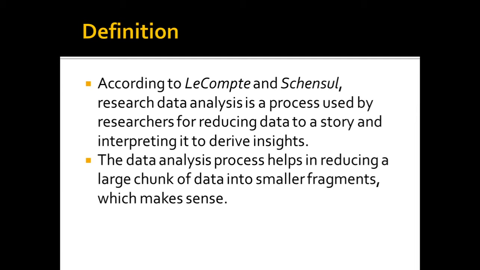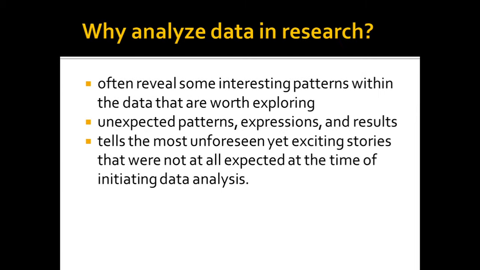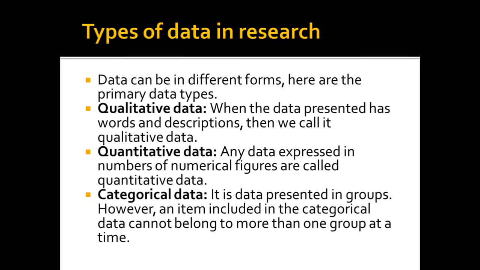Then we had seen two definitions, and we have also learned why it is so important for us to analyze the data. And then we had also seen why it is so important for us to run into types of data, right?